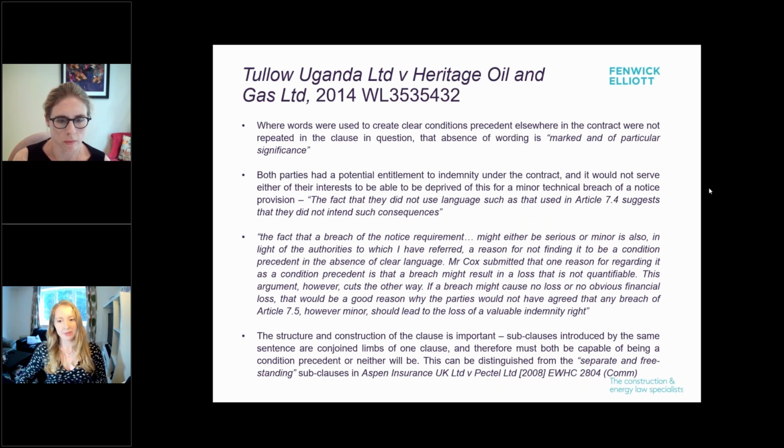In this case, that was distinguished because in Aspen Insurance, despite the provisions being grouped together, they still remained separate and freestanding provisions, so they could operate independently of each other. In this case, however, there was a common link of Article 7.5 introducing both 7.5a and 7.5b, with the same sentence used with the same wording, that word "shall".